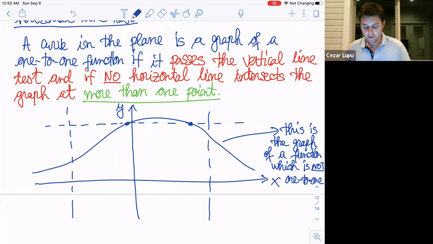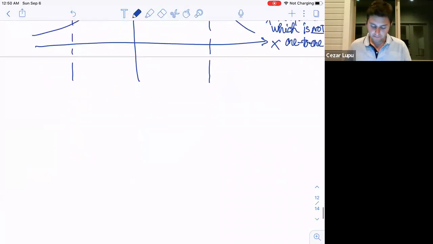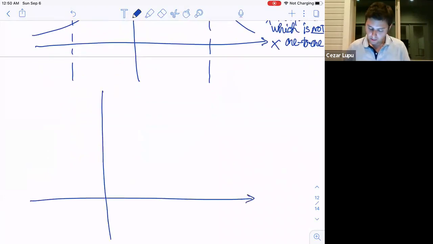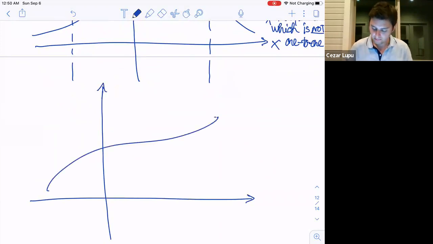Now let me draw another picture so that you can see it better. This time I want to take a one-to-one function. Let me draw it like this. So this is a function, goes all the way down, all the way up. Is this function one-to-one? If you look at it, this graph passes both vertical and horizontal line tests.